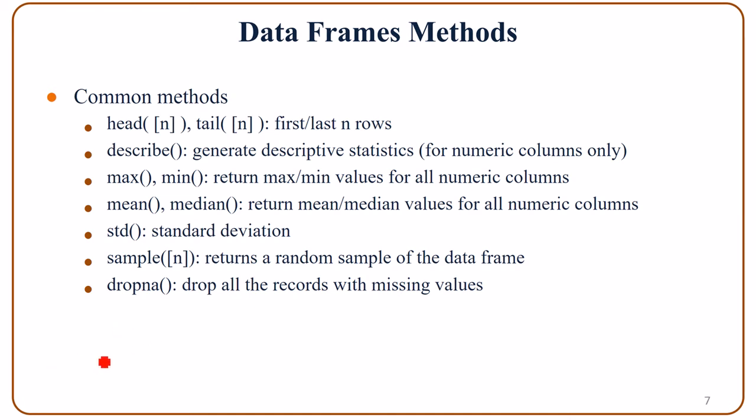Describe generates the descriptive statistics. Max and min return max and min values for all the numeric columns. Mean and median return the mean and median values for all the numeric columns. Std returns the standard deviation.